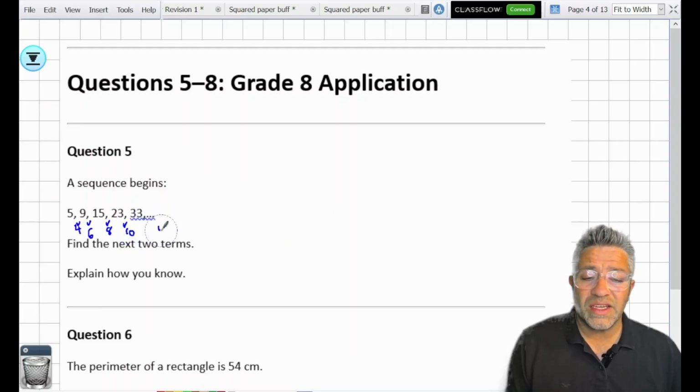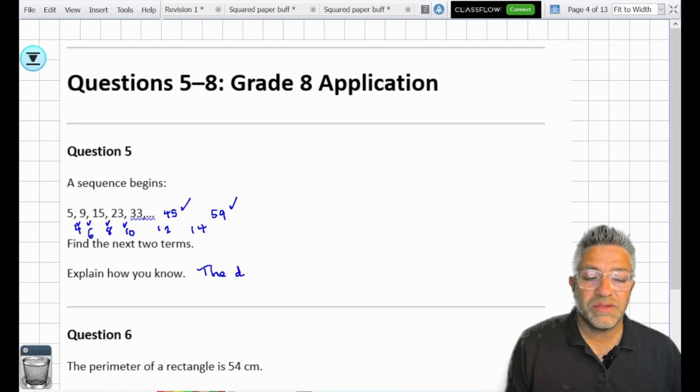But in actual fact, the difference is merely increasing by 2. So the next difference would be 12. That would give us 45. And the next difference would be 14. So our next two terms are 45 and 59. Explain how you know.